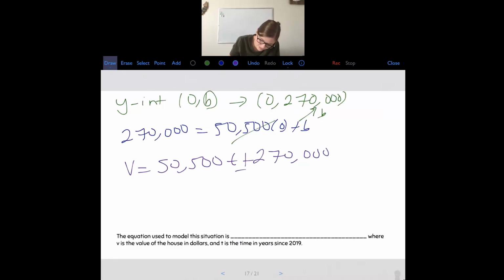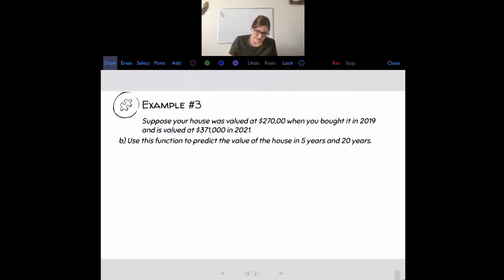Okay, so that's what would go in this line here, and it's important to use the variables that are asked for in the problem. Next, use this function to predict the value of the house in 5 years and in 20 years. So let me write the function at the top. Okay, so in 5 years, we would say that T is equal to 5.